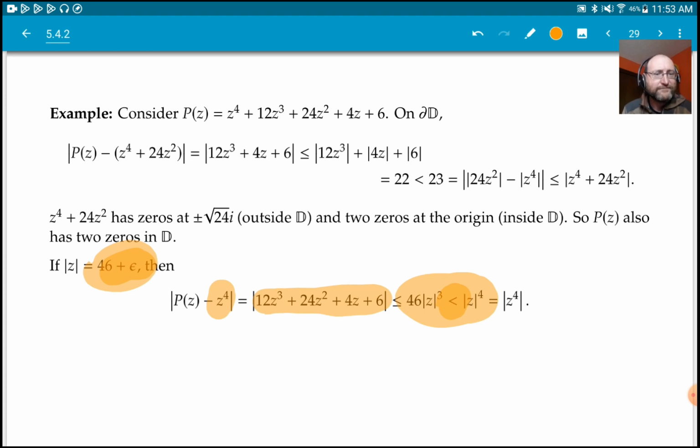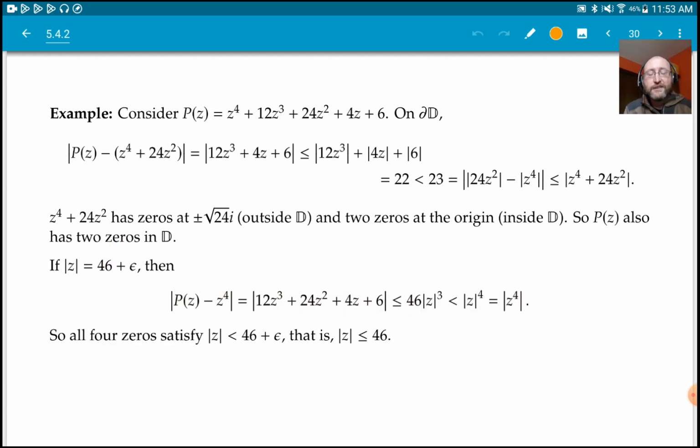So I have now that z to the 4th and P have the same number of zeros inside the circle of radius 46 plus epsilon. So all 4 zeros satisfy this inequality. That's what I've proved. So I've located them at least a little bit.